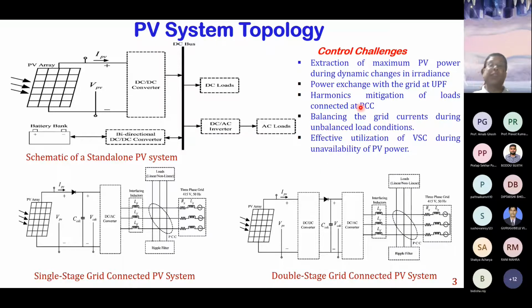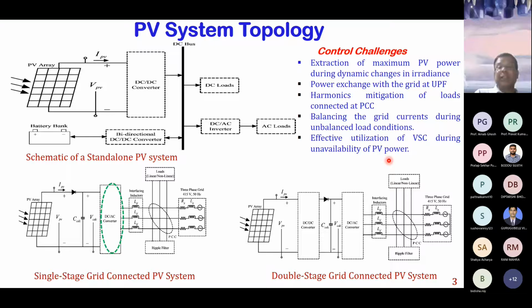Also the harmonics that arise because of the usage of inverters. Also, we have a challenge of how to balance the grid currents during unbalanced load conditions. And then during the unavailability of the PV power, how to exploit the voltage source converter for actively using the power generated from the PV source.